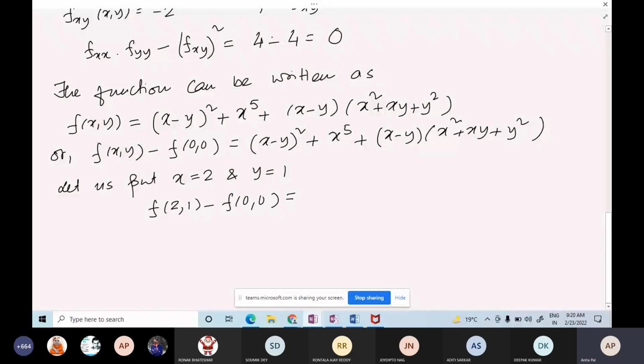Here we are having 2 to the power 5, which is 32. So it is greater than 0.